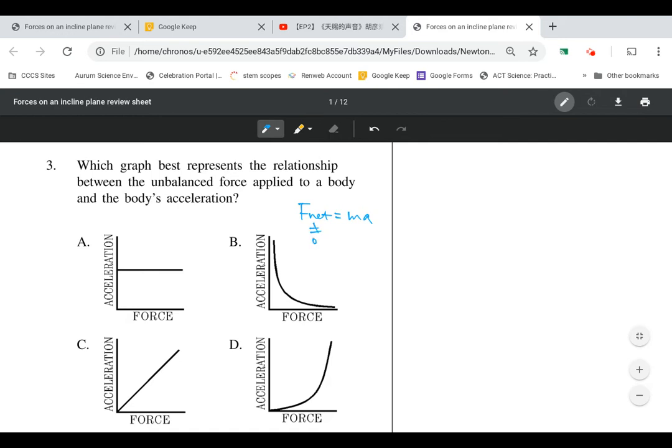So if the unbalanced force increases, acceleration increases. So they're directly proportional. And your answer is C.